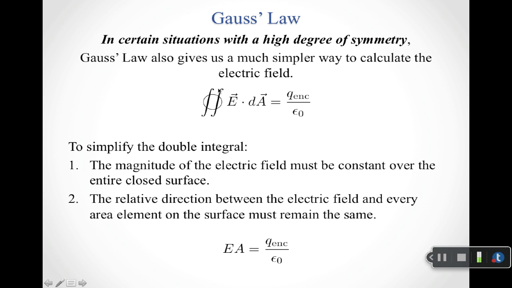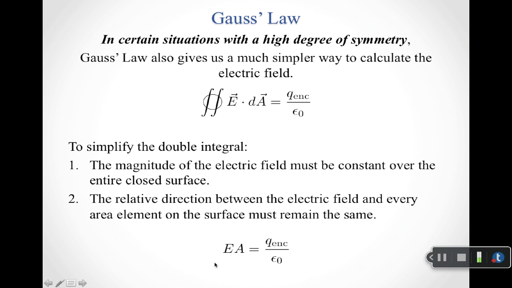And so these two things have got to be equal to each other because they're both just ways to calculate the electric flux. And what you'll notice is if we can simplify this integral, then what we're left with is a fairly basic expression on the left that just says the magnitude of the electric field times the area of our surface has got to be Q enclosed over epsilon naught.